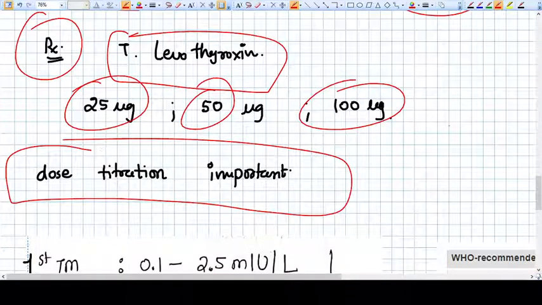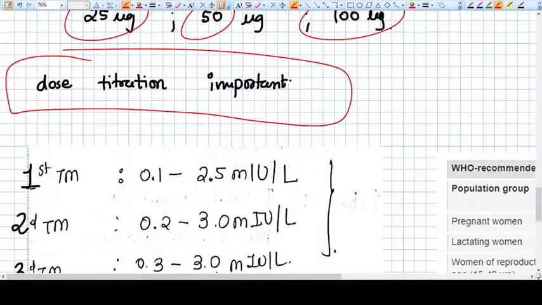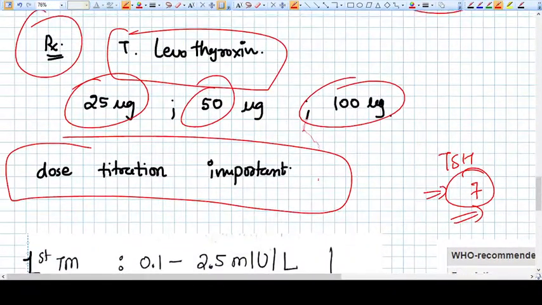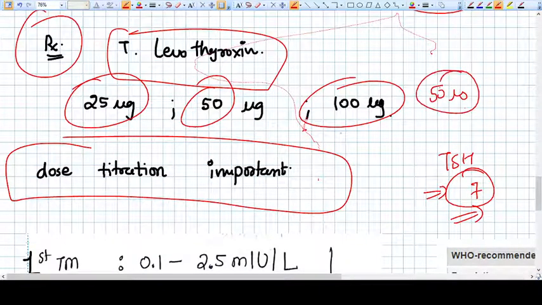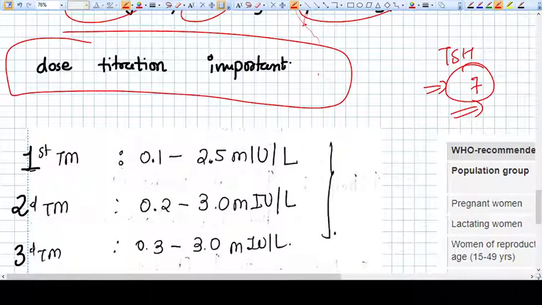For example, if you come in contact with a patient who has a TSH level of 7, what will you do? You will start levothyroxine, like 50 microgram, and after 1 month you will repeat the TSH test. If TSH has come as 3, then it is taken as normal, and you can continue 50.